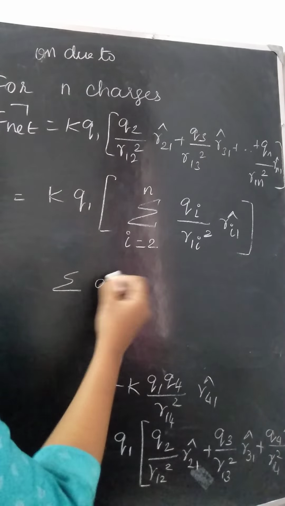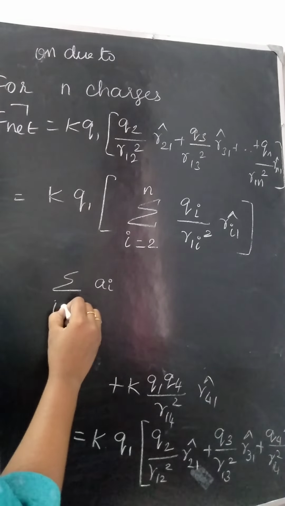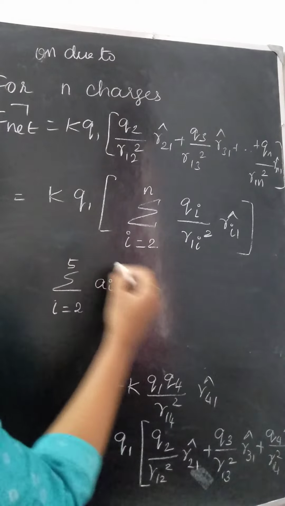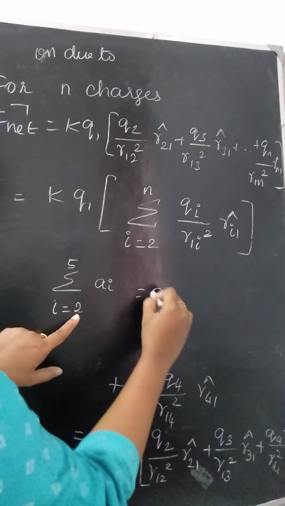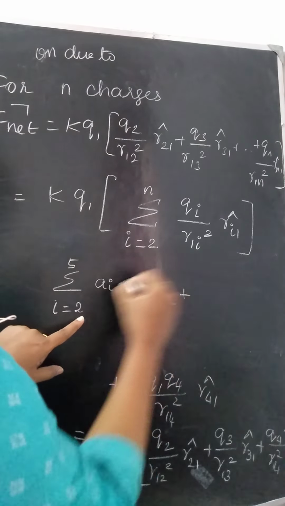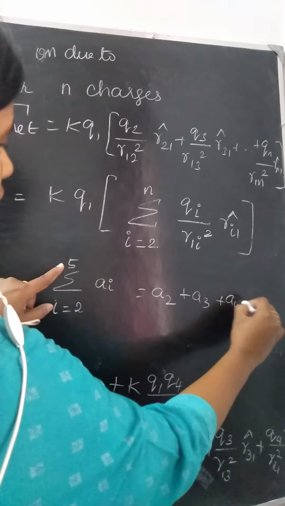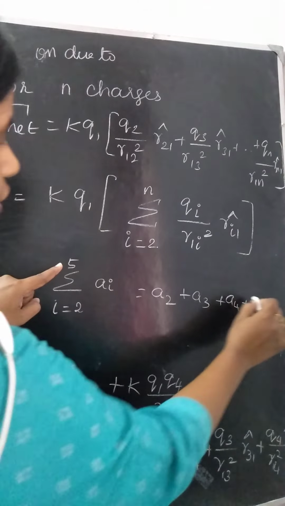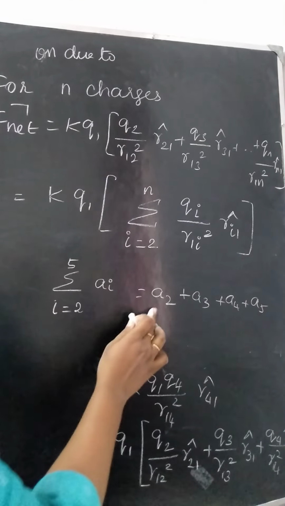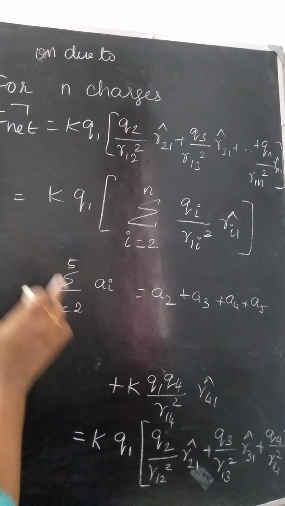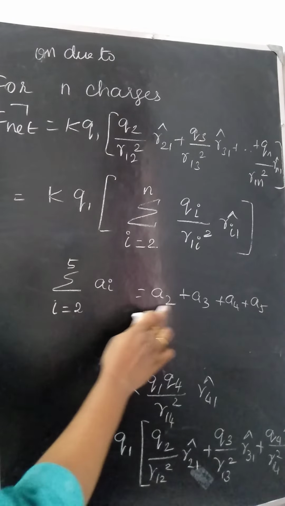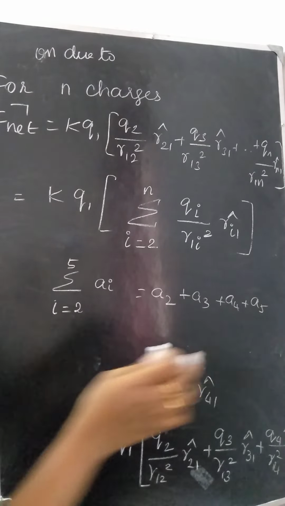Sum of many terms, A I, where I varies from 2 to 5, means substitute I equivalent to 2, what you will get? A2, A3, A4, up to what? When I varies up to 5, that means A5. We have to add the values which start from 2 and end at 5. So A2 plus A3 plus A4 plus A5. This is the limit of the summation part.